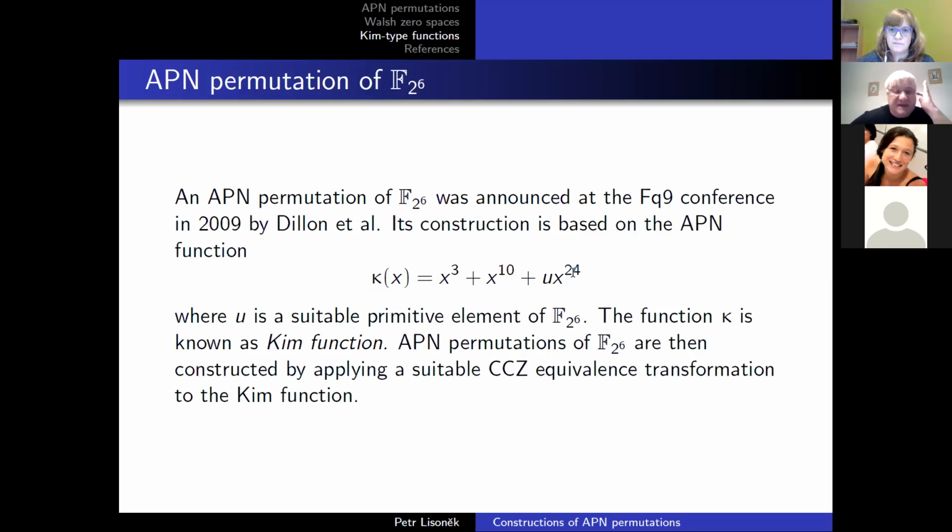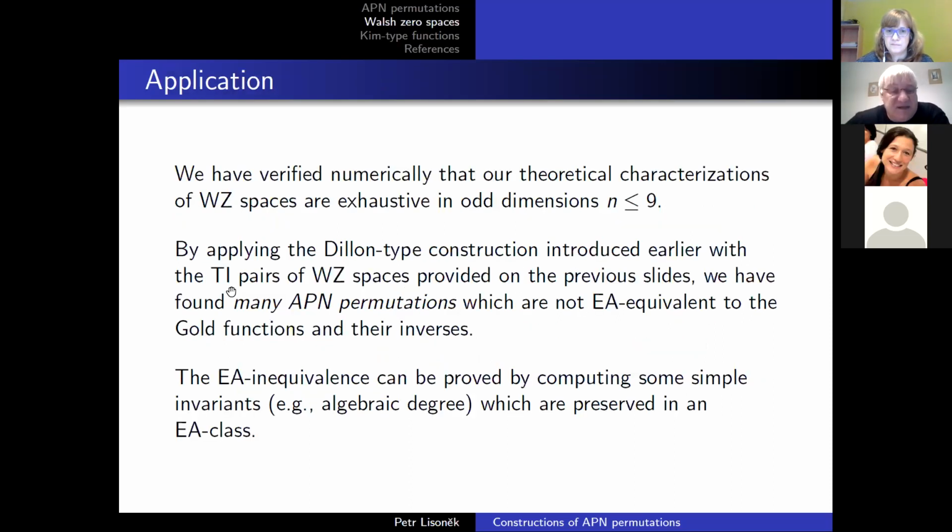Okay, so I see I'm running out of time, so I'll just very quickly say in a few sentences: this was a positive result in the sense that we constructed many new APN permutations in odd dimensions. I want to admit that, of course, the hard task is the even dimension, but even in odd dimensions, it's good to have as many APN permutations available as possible, because when you design ciphers, there are lots of other properties that these functions have to satisfy, right?